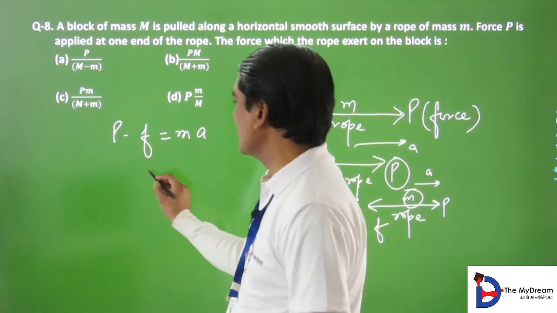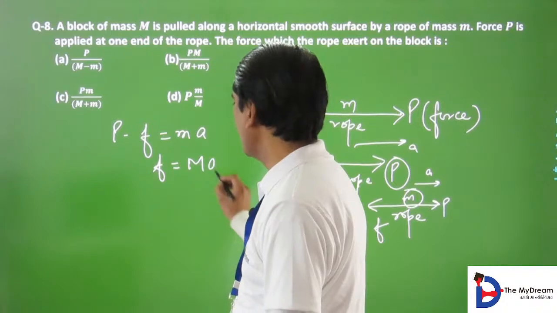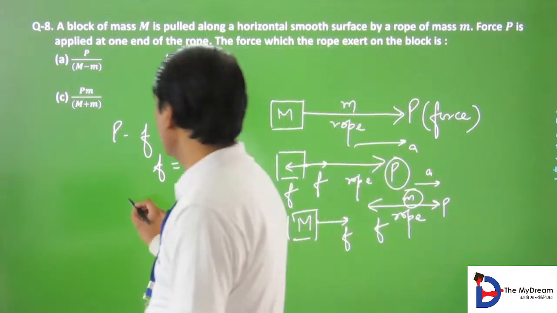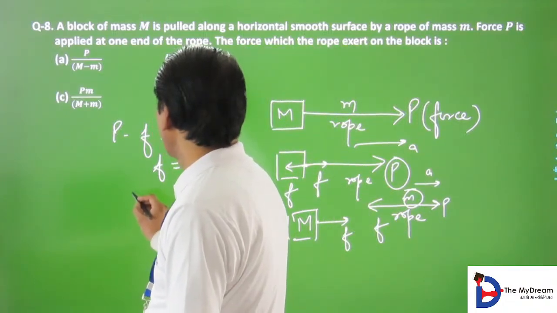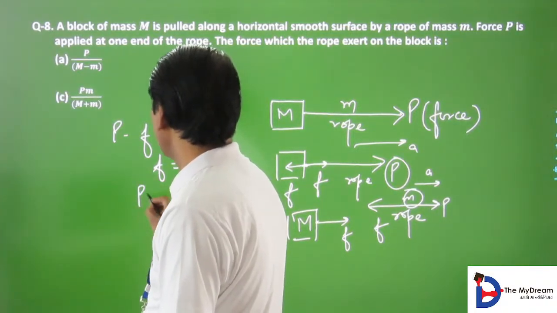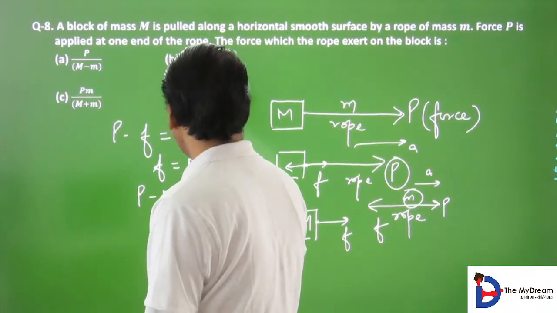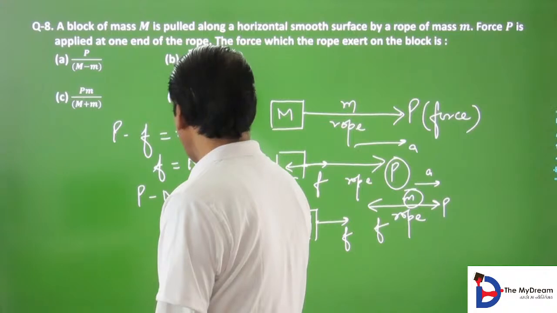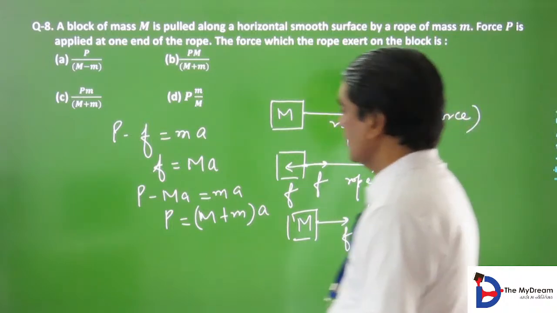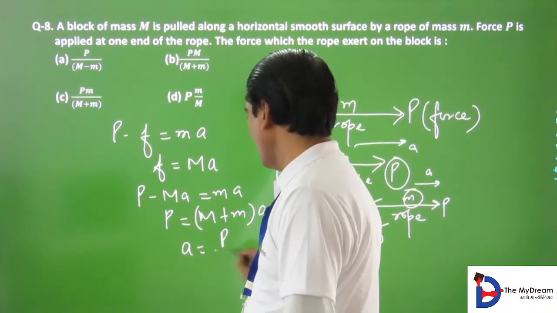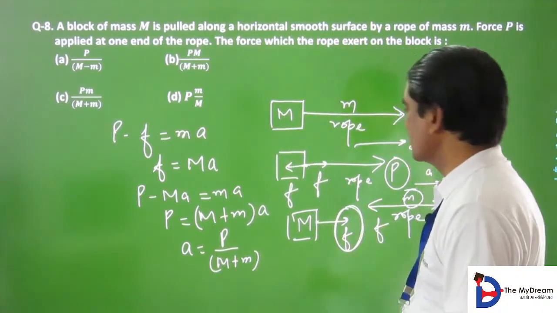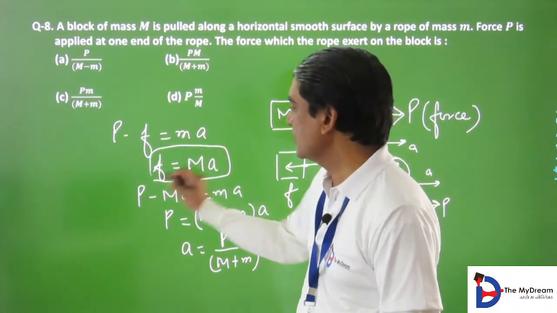So small f is equal to capital M A. So P is equal to small m A plus capital M A. This P is equal to M plus m into A. So A is equal to P over M plus m. And you want to know the magnitude of this force. You may think it ends here, but it does not end here.